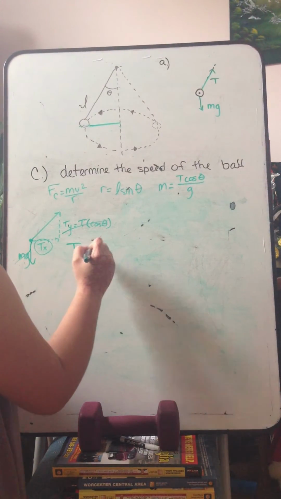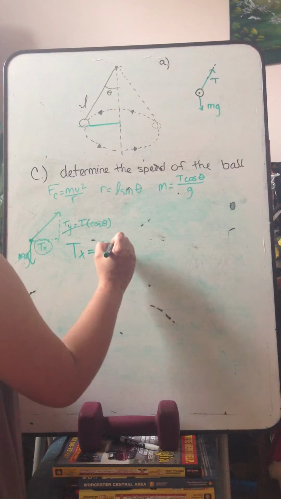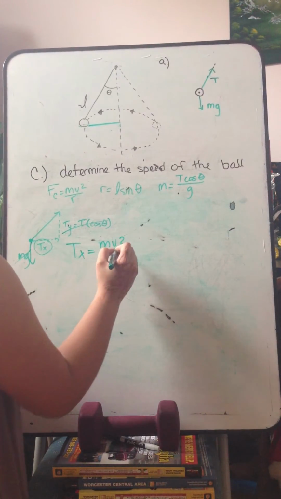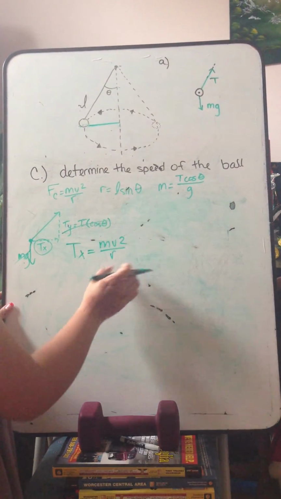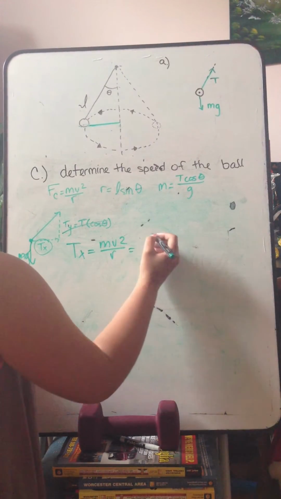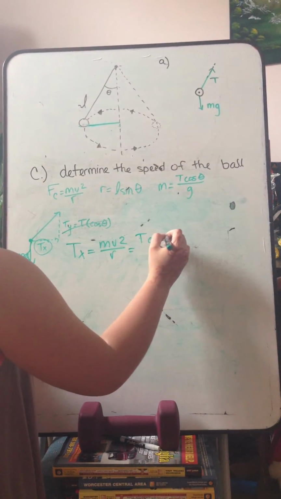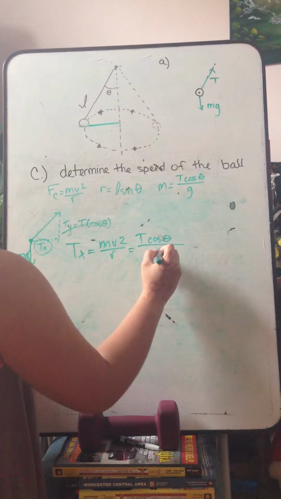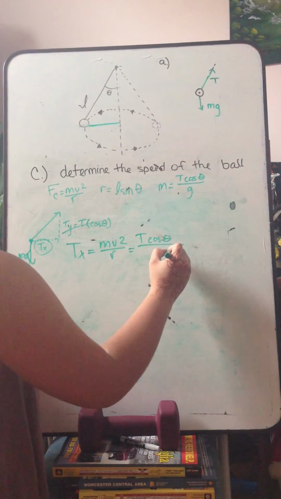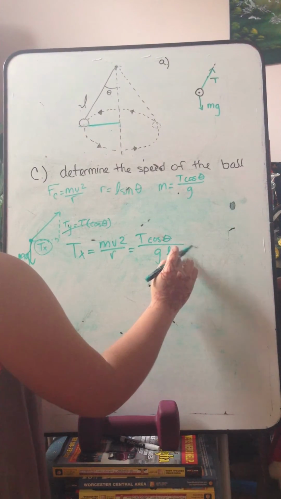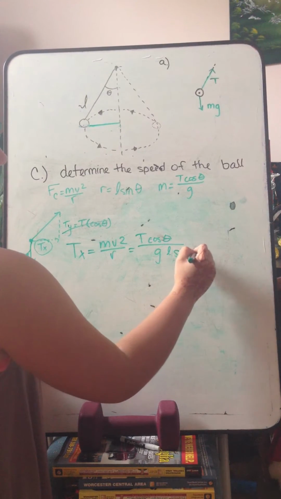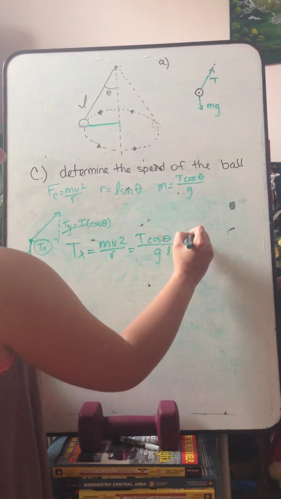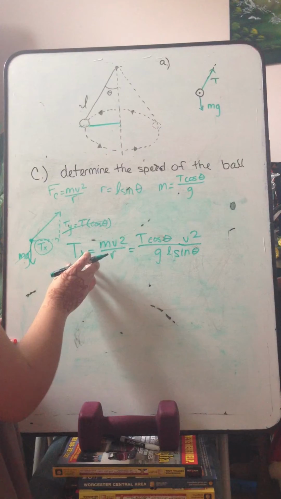So Tx will be equal to the centripetal force, which is mv squared over r. We're just going to plug in r and m, so it's going to be equal to T cosine theta over g times L sine theta times v squared, which is equal to Tx.